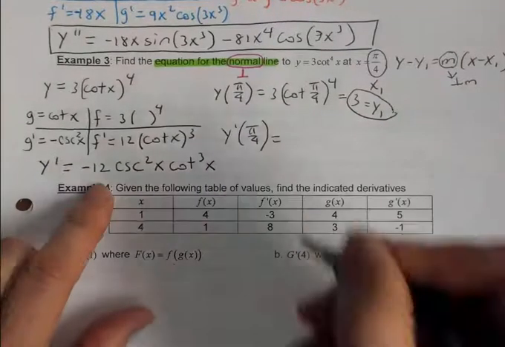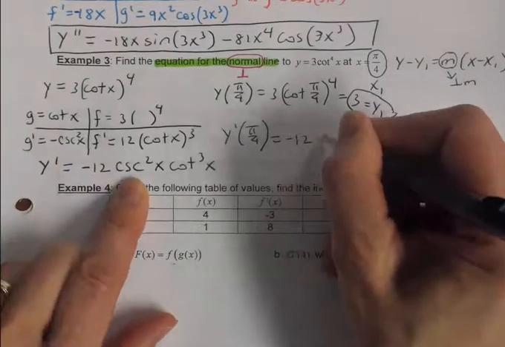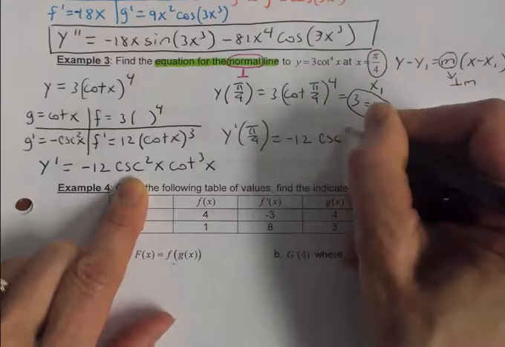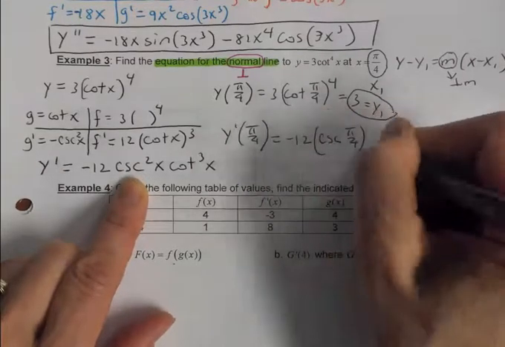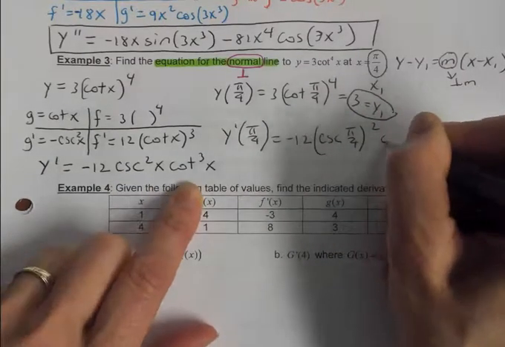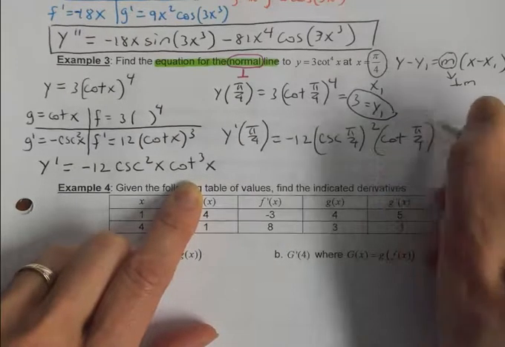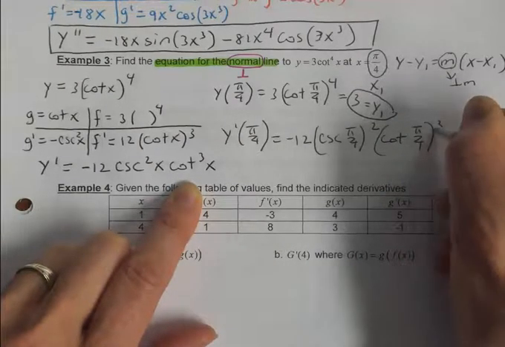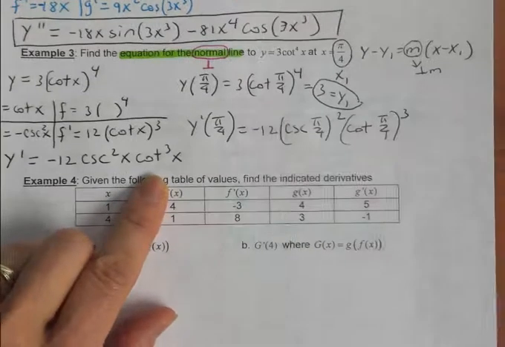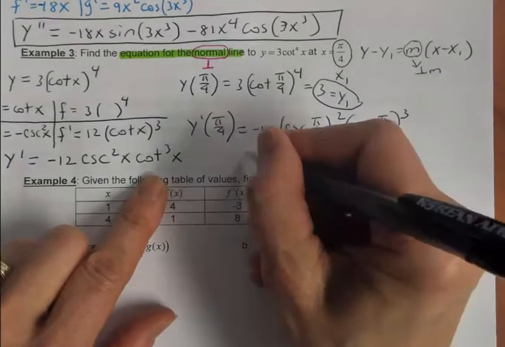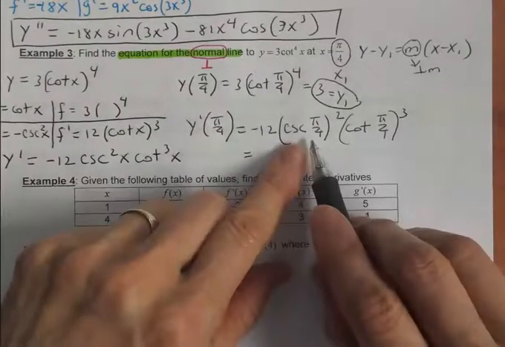So then that'll give me negative 12 times cosecant of pi over 4, and I'm going to raise that to the 2nd power, and then take the cotangent of pi over 4 and raise that to the 3rd power. Okay, so what is the cosecant of pi over 4?